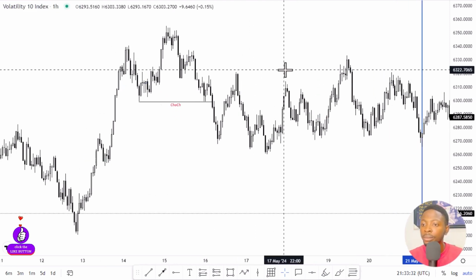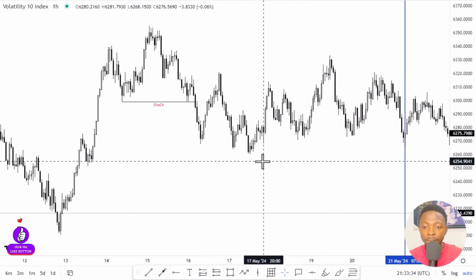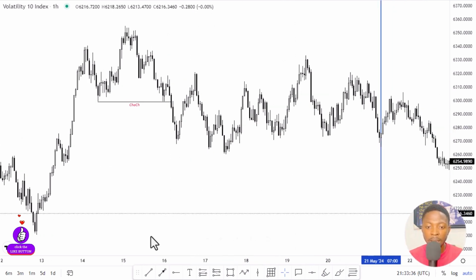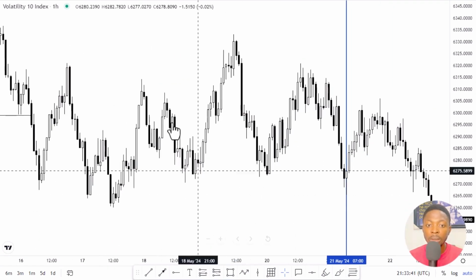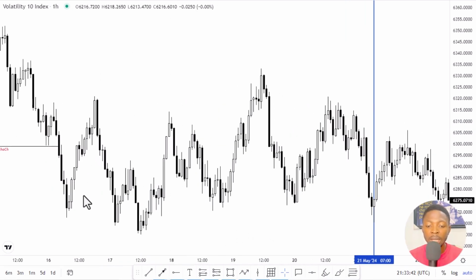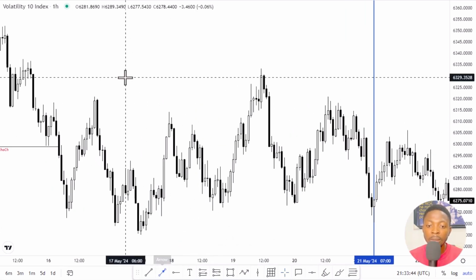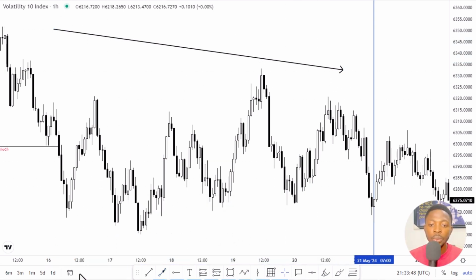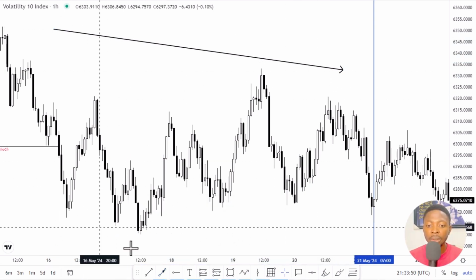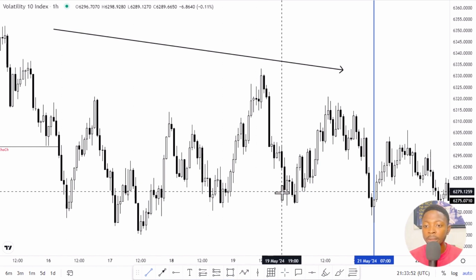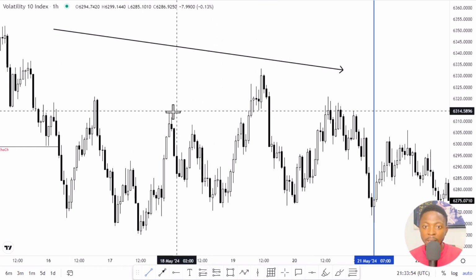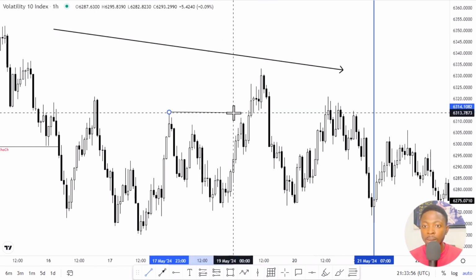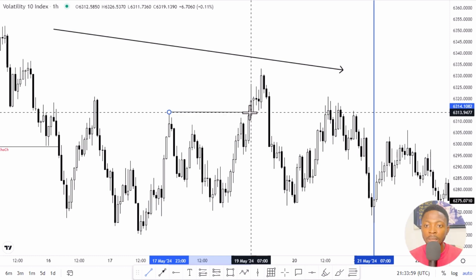However, let's go to the recent price action so as not to waste so much of our time. We are in a downtrend for this particular 1 hour VIX 10. So what did we have for the current price action? We have this high, this inducement liquidity taken out.